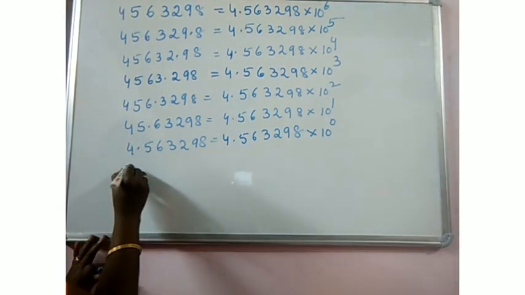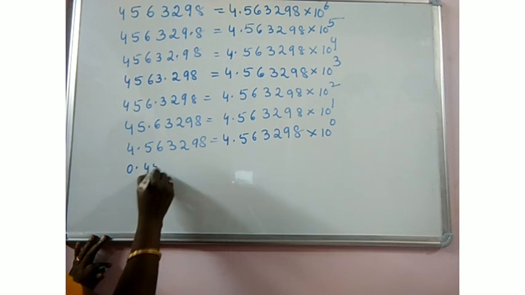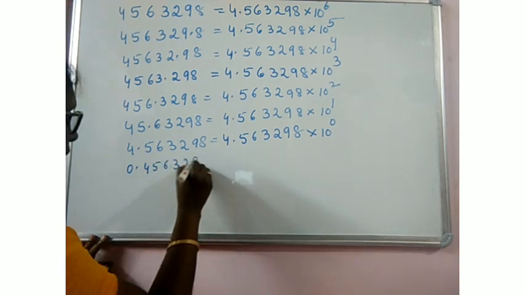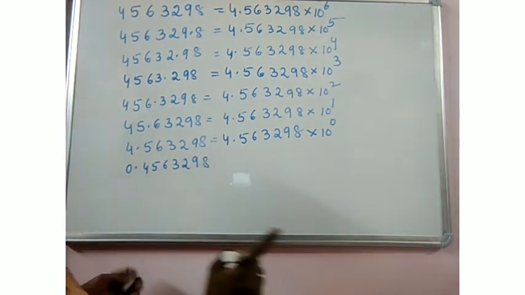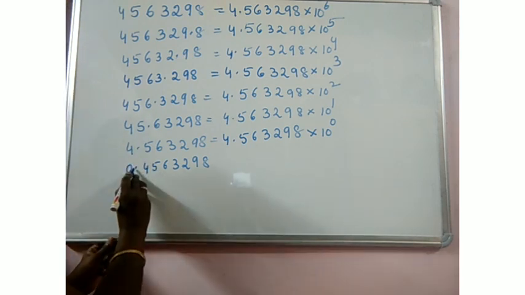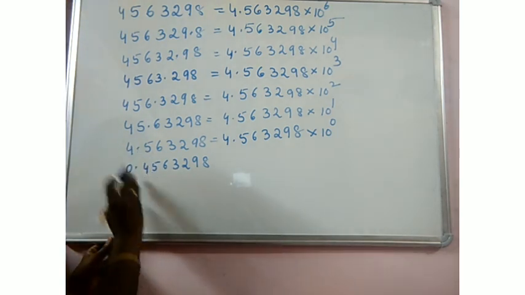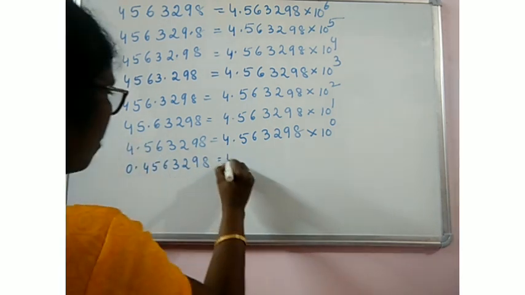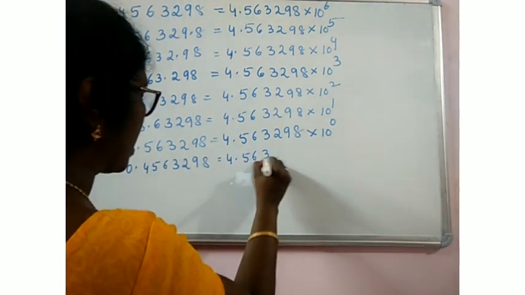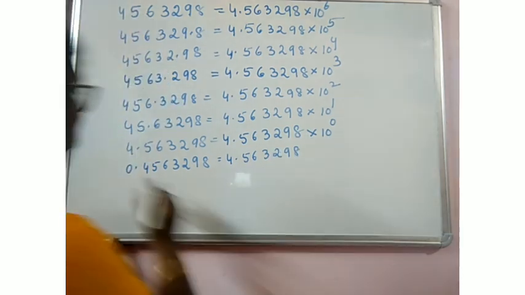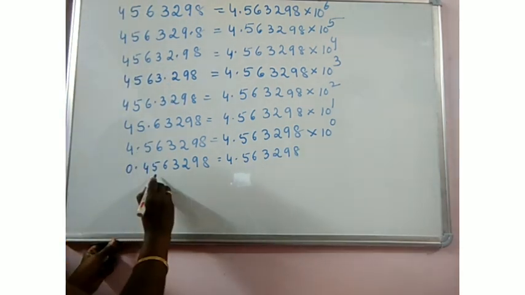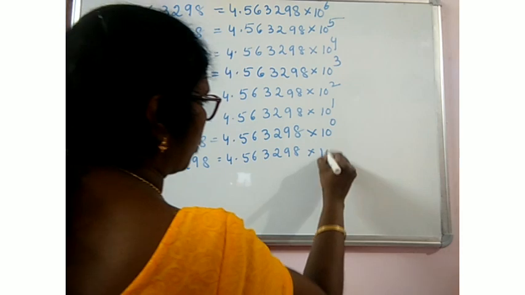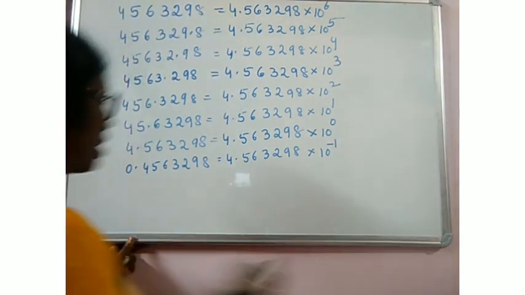Now a much more interesting thing. If the number is 0.4563298, this decimal has to move 1 place from left to right. That means 4.563298, and when the decimal moves from left to right you have 10 to the power minus 1.